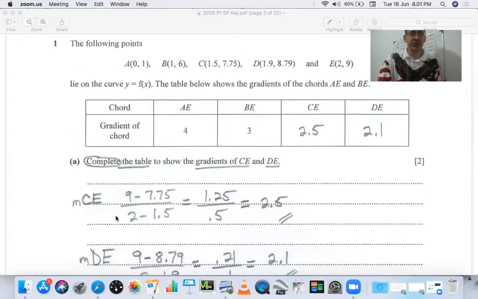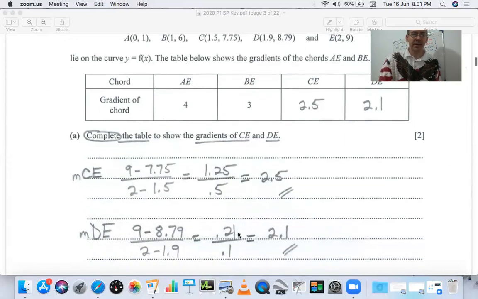We're just going to use the old algebra slope formula, change in y over change in x. So 9 minus 7.75 over 2 minus 1.5. You can see you get 1.25 over 0.5, which equals 2.5, and we put that in the chart.